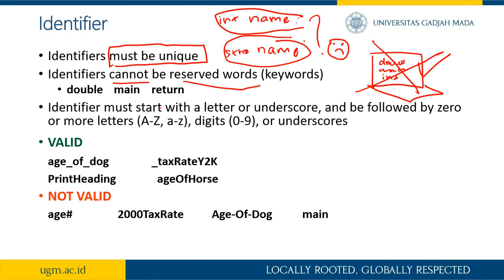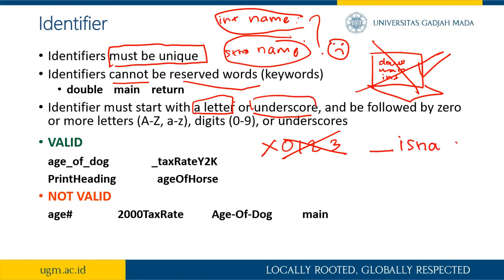However, you can start the naming of the identifier with a letter or underscore, so it has to start with a letter, not a number. So don't do this one. Start it with a letter or underscore. Underscore na, for example, is okay.